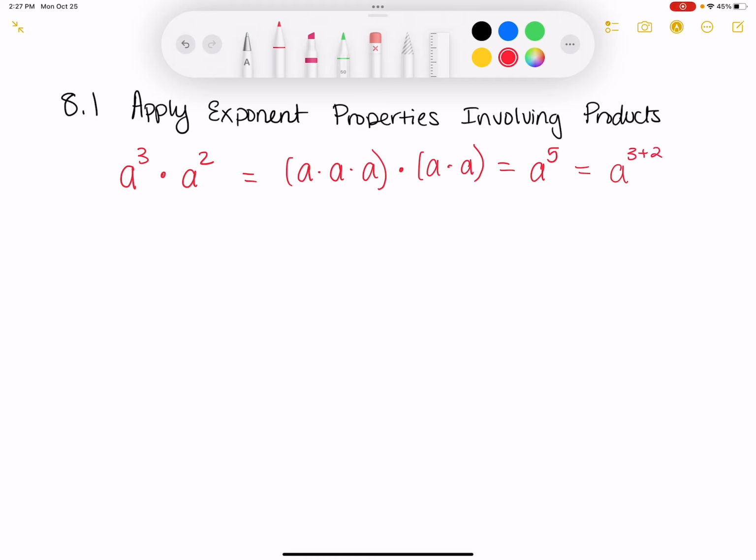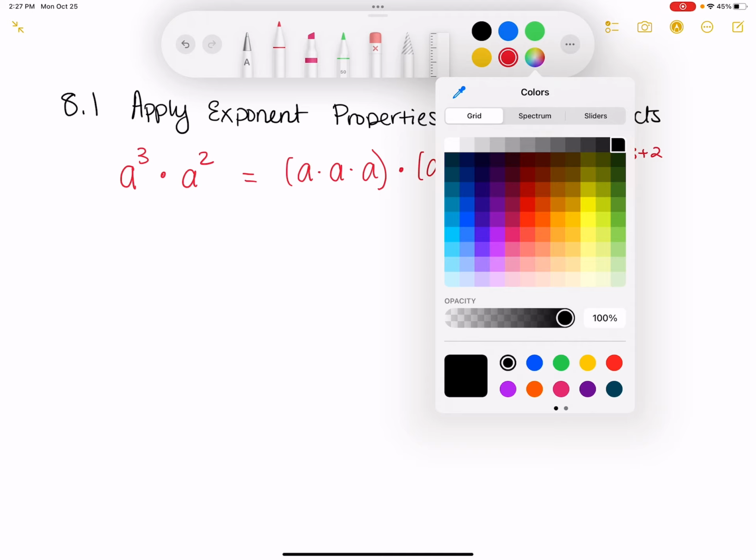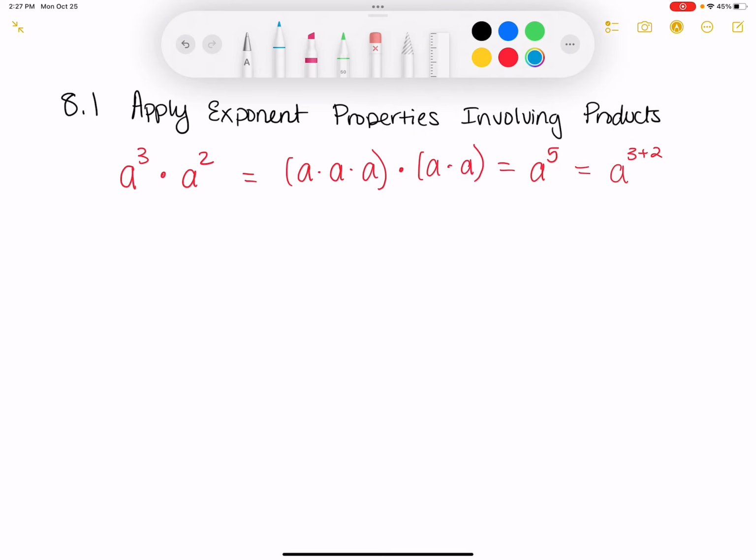Okay, and that is on that poster over there on the wall, that green poster. The second point down is this particular rule. Okay, so we have a product of powers property.